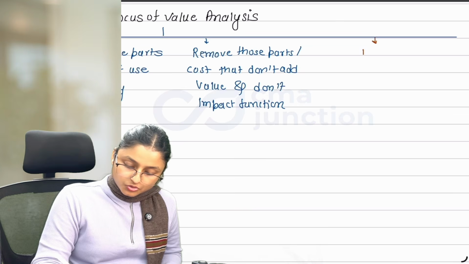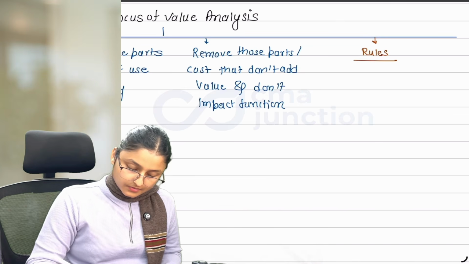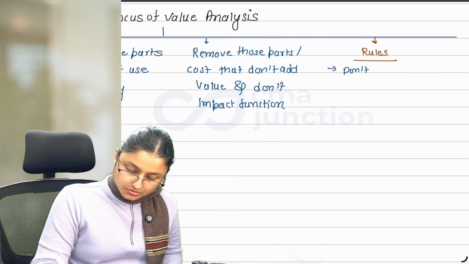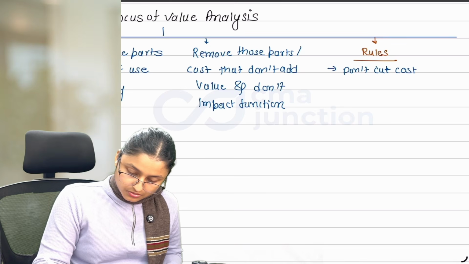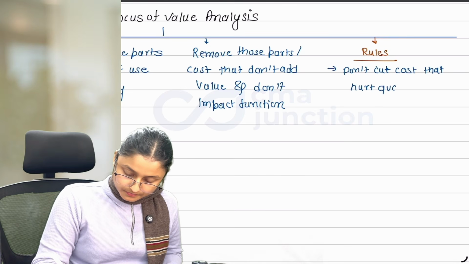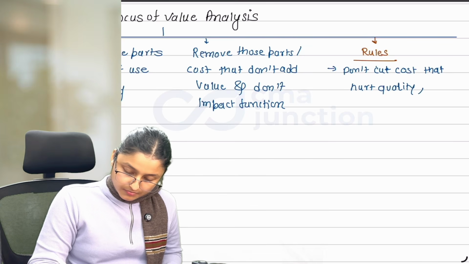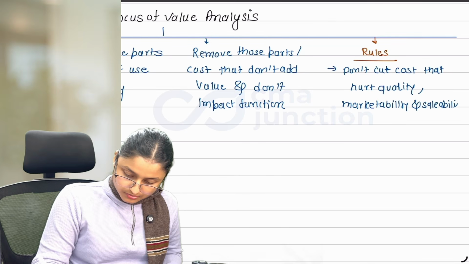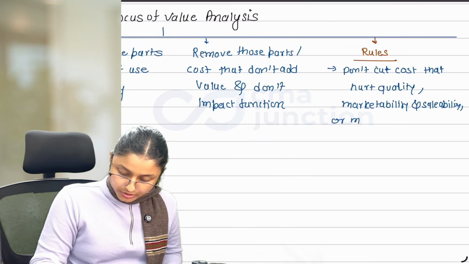Next comes rules. Rules are: don't cut costs that hurt quality, or marketability, and salability, or maintainability of the product.